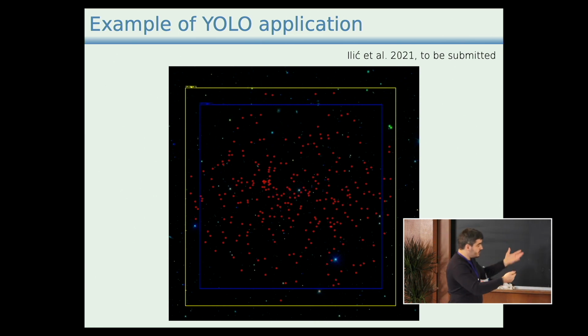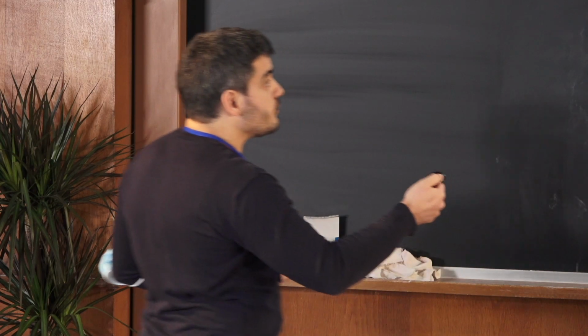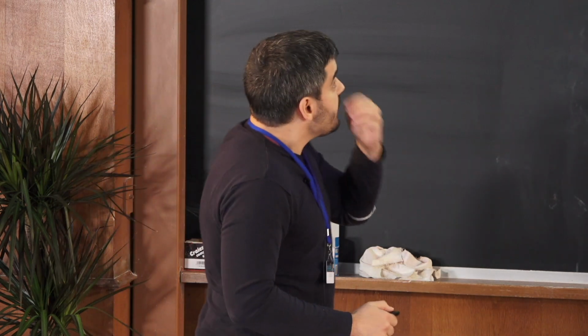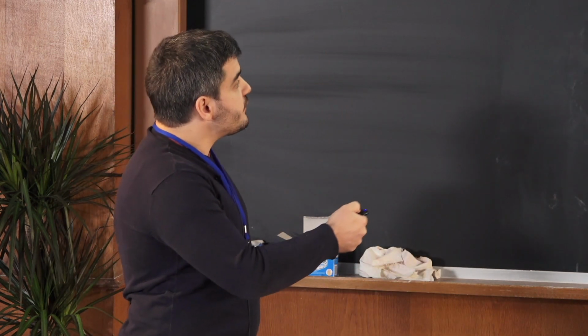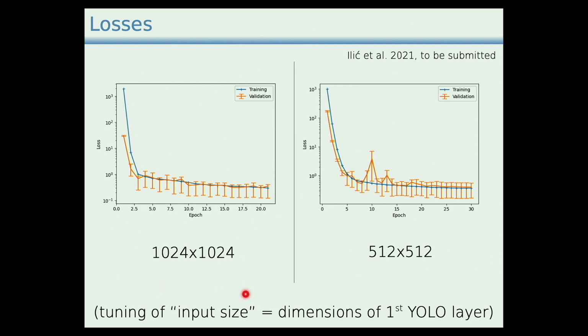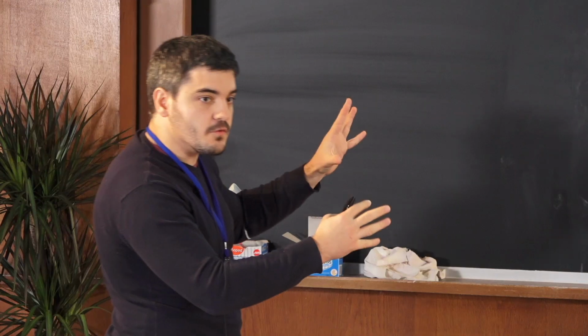And so we trained on our sample, and we then checked the performance of the final trained network. Just a quick precision: you can trade between precision and speed in this network architecture by playing with the input size of the model.